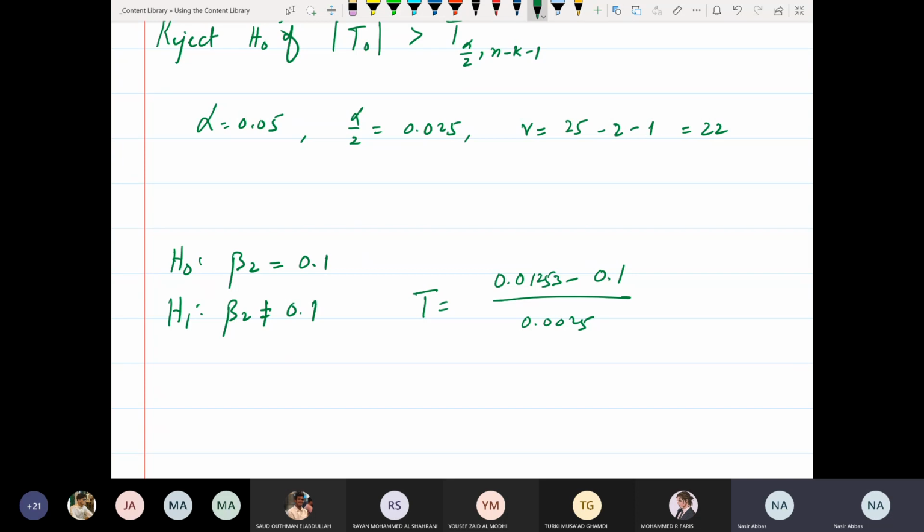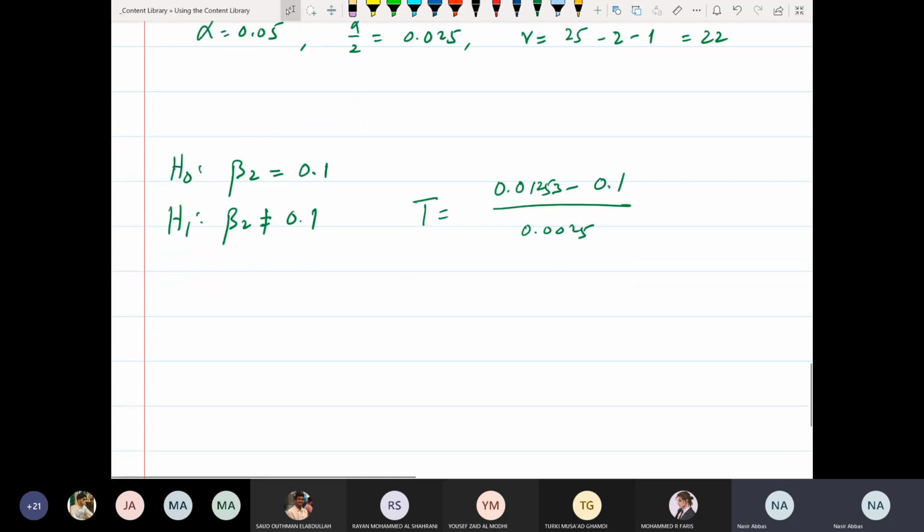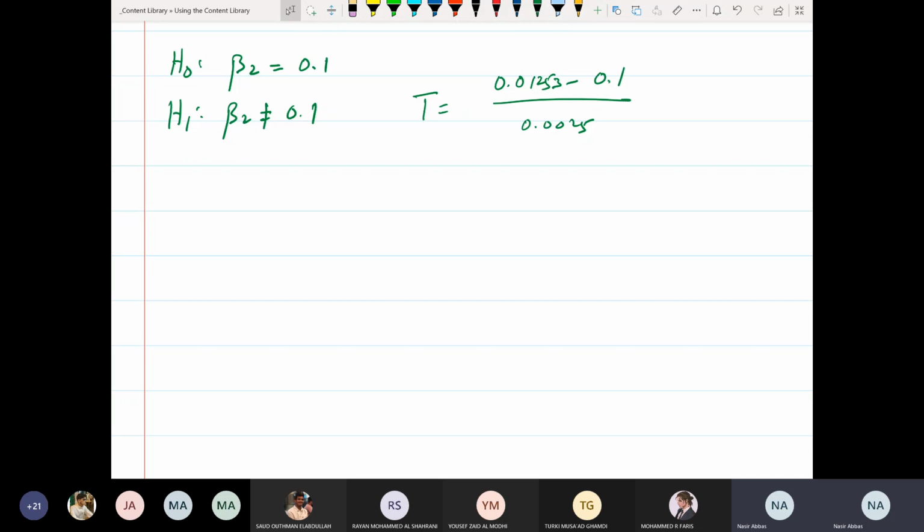You can test any value, not only 0. But specifically, why are we most of the time interested in 0?